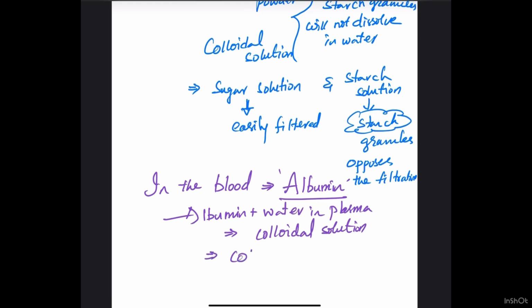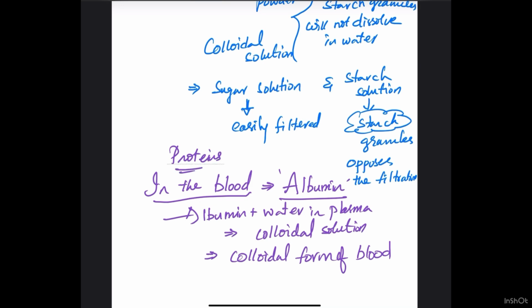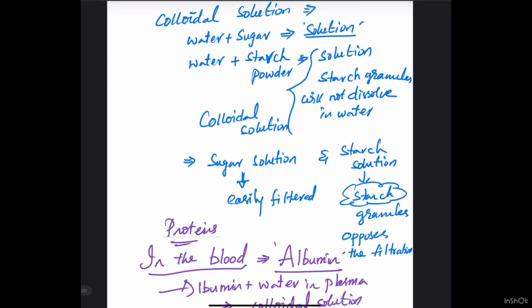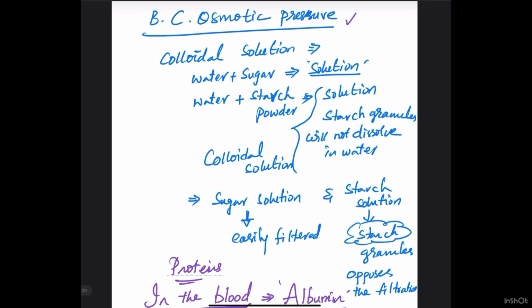So you can see the colloidal form of blood. That means in the blood, proteins are present, and those proteins form this colloidal solution. The colloidal solution will not allow the water or solution to come down. It opposes it. Hence this pressure is called an opposing pressure.